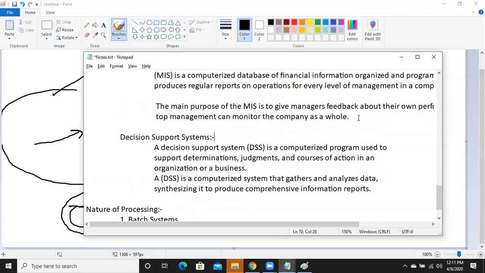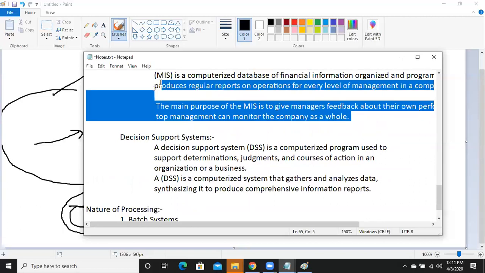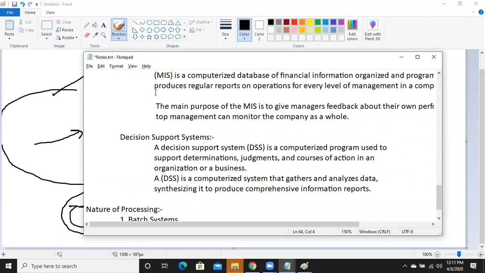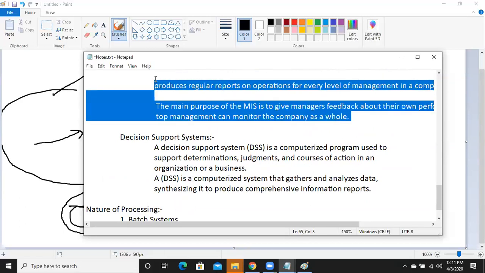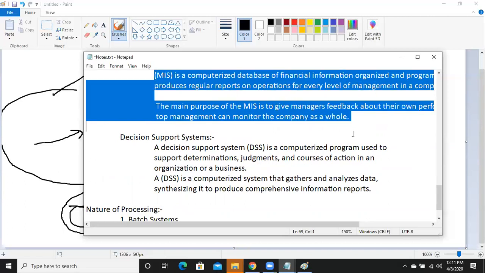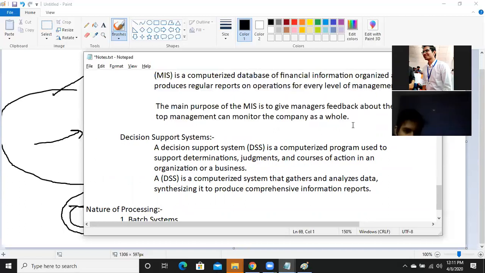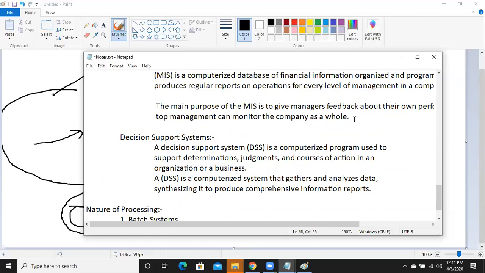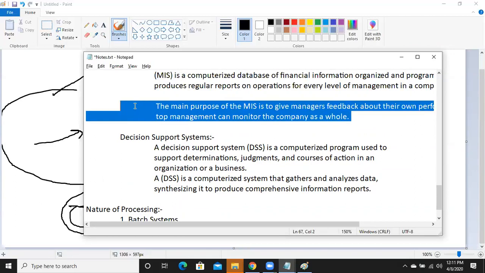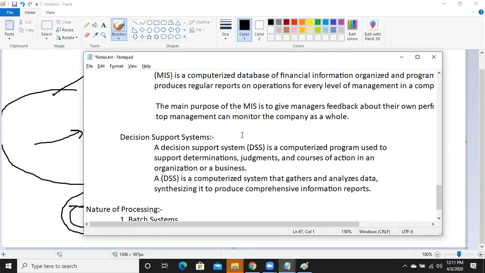Here we are providing the reports. So based on those reports, we have to take a decision, right? We have to take a decision based on those reports. Like if my company is having losses, so we have to take some decision so that in the near future I can recover all my losses.